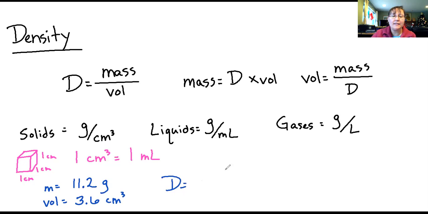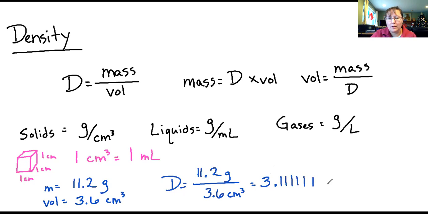Okay, so we just say density is equal to then 11.2 grams per 3.6 centimeters cubed. And so we divide that 11.2 divided by 3.6, and we get 3.111111, and so on. However, if we look at our significant figures, we can see that we can only have 2 of them. And 1 rounds down, so this becomes 3.1 grams per centimeter cubed.